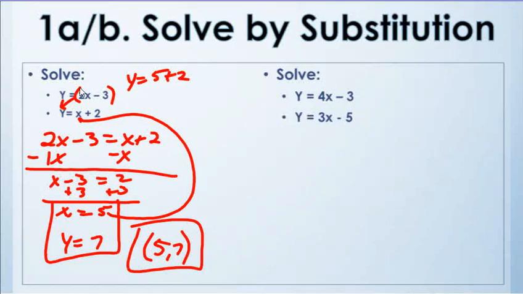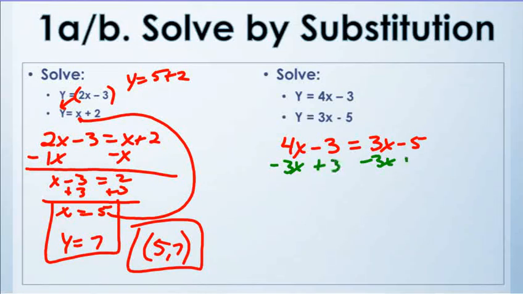The next one, since they both equal y, I just write each equation equal to each other. So 4x minus 3 equals 3x minus 5. I'm going to subtract 3x on both sides to get my x's to one side. I'm also going to add 3 to both sides to get all my non-variables to the other side.